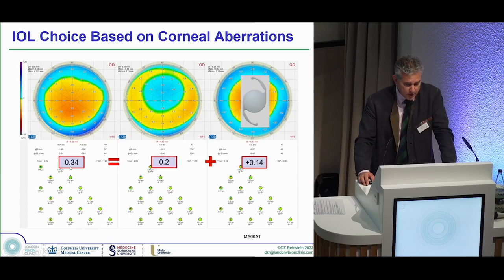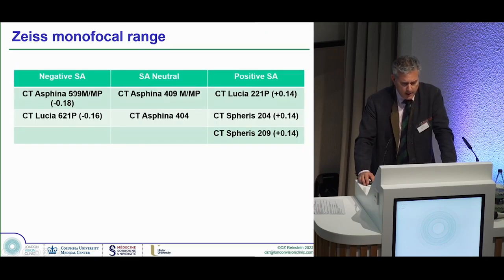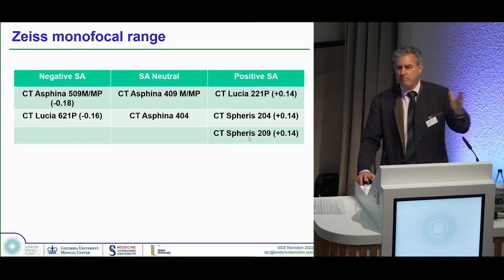Drive the spherical aberration up in this case. And here are these options that are either spherical aberration negative, spherical aberration neutral, or induce positive spherical aberration. The amount of positive spherical aberration that the spheric lenses induce depends on the power of the lens.